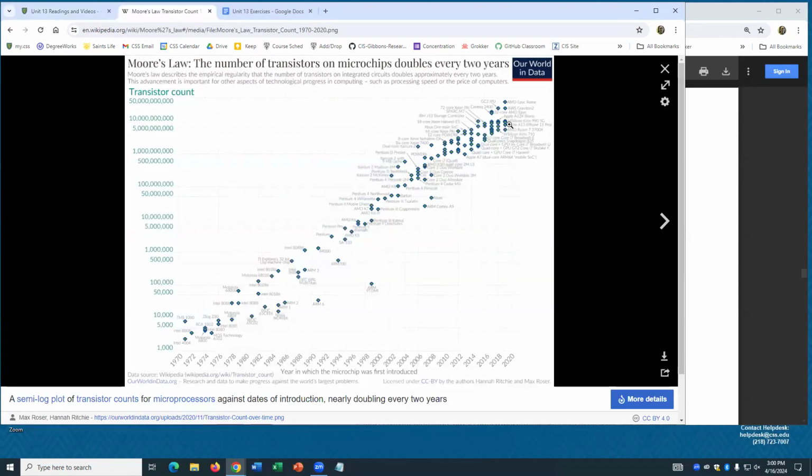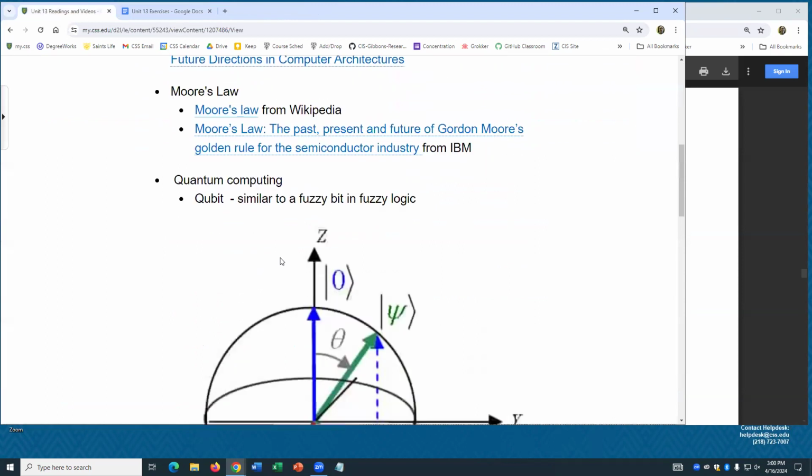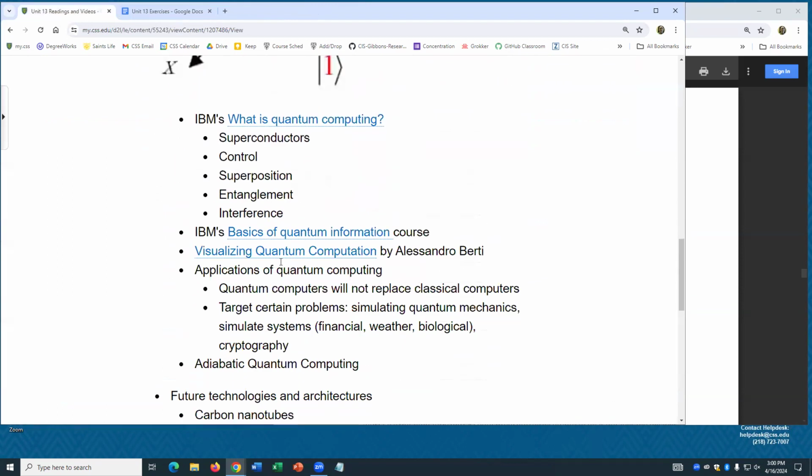When this stops increasing, we have to look somewhere else. Right now, Moore's law is still growing so fast that no other technology is able to catch up to it.